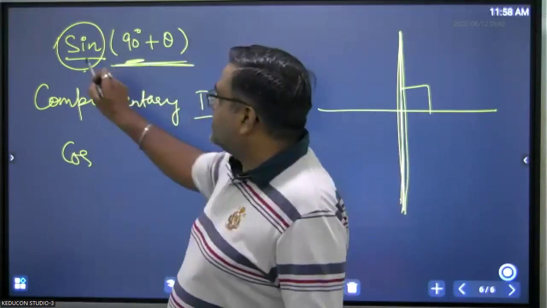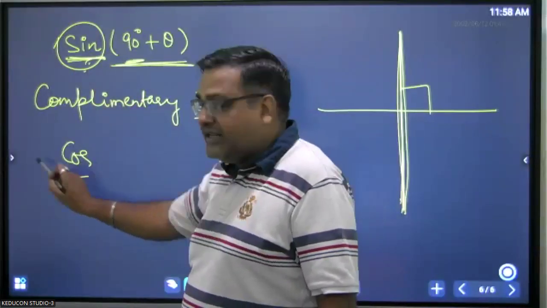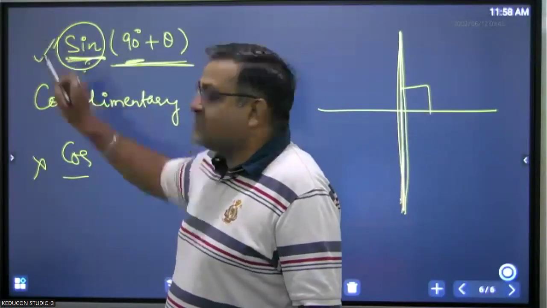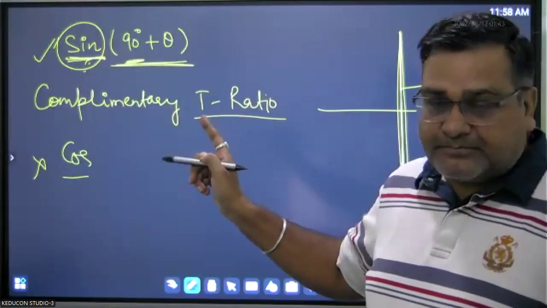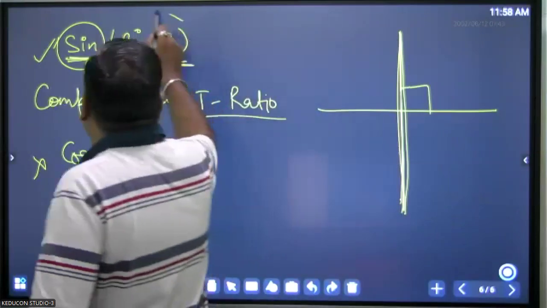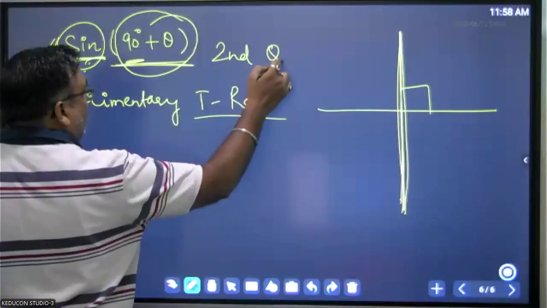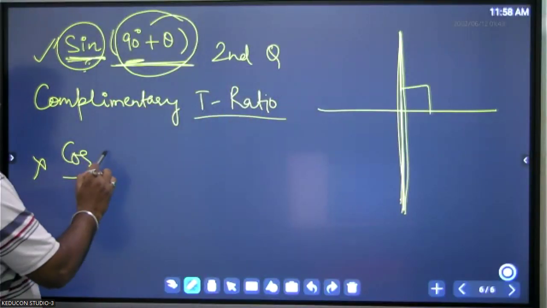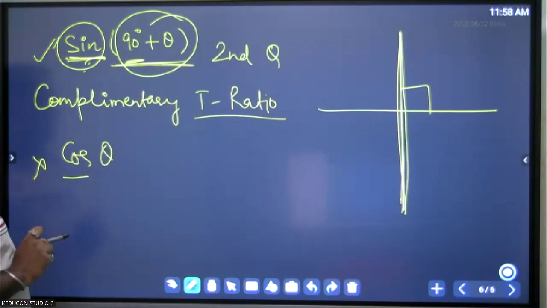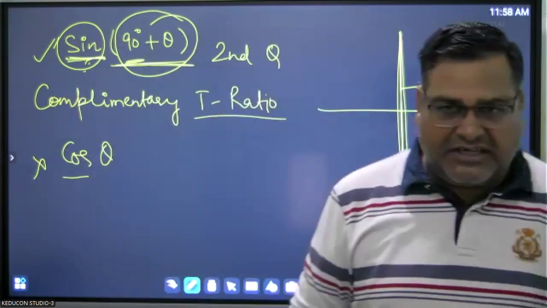Which trigonometric ratio do we look at? The original sine here, not the one it changes into. We have to check the sign of the sine here in this case. Now this angle lies in which quadrant? The second quadrant, and in the second quadrant sine is positive. So therefore this will be positive cos theta. Right, students?